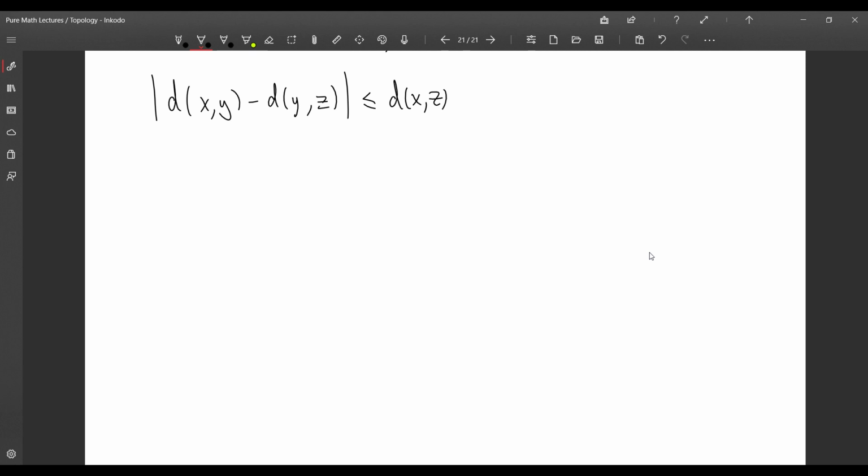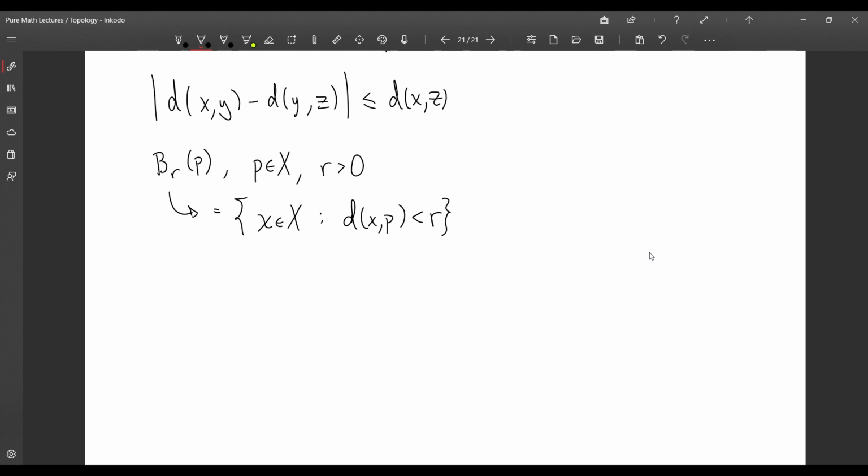What we're going to do is define these sets B sub R of P, where P is an element of X, R is some real number which is greater than 0. This is going to be defined as the set of elements X such that the distance between X and P is less than R.